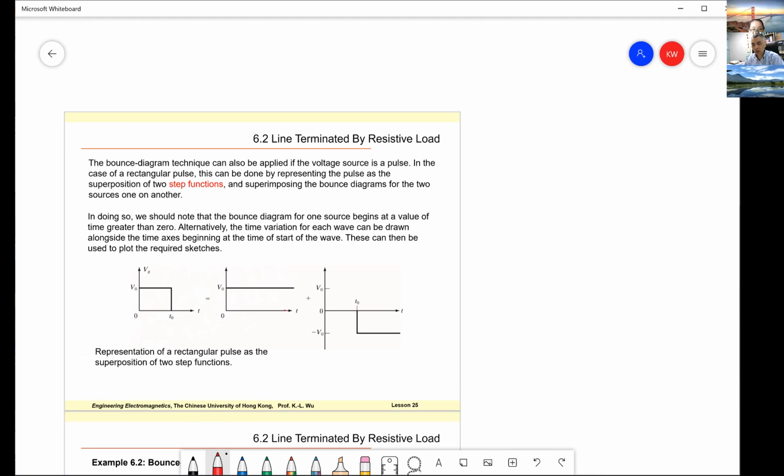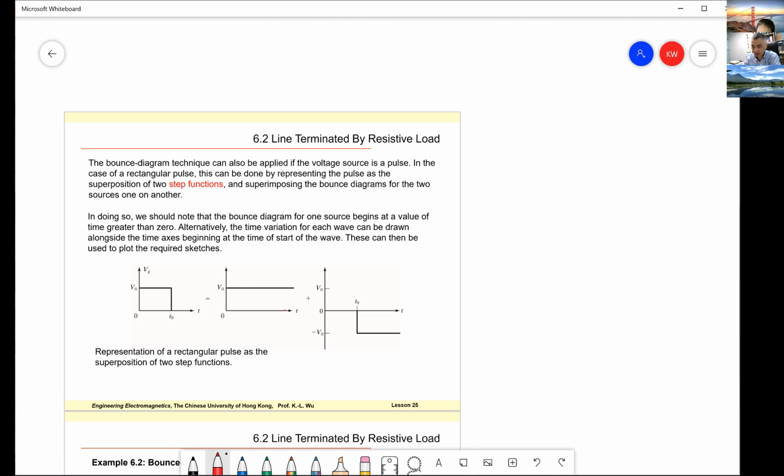What we can do is decompose this pulse function into two step function signals, and then subtract.